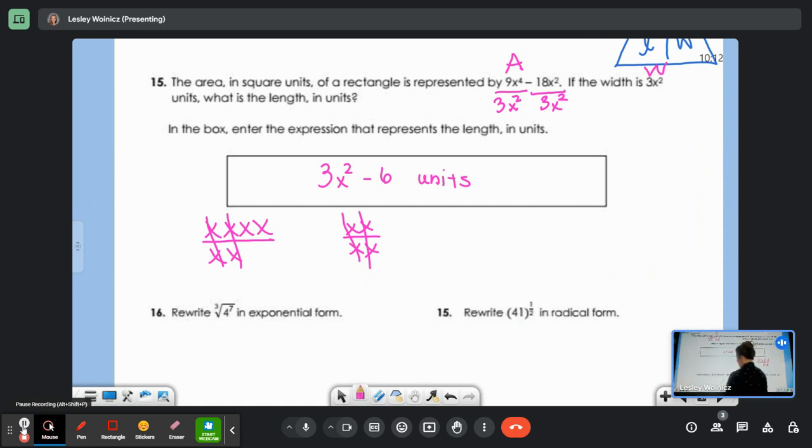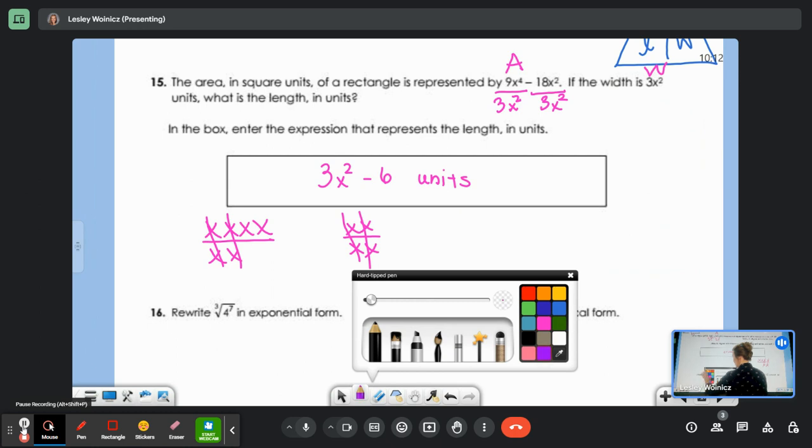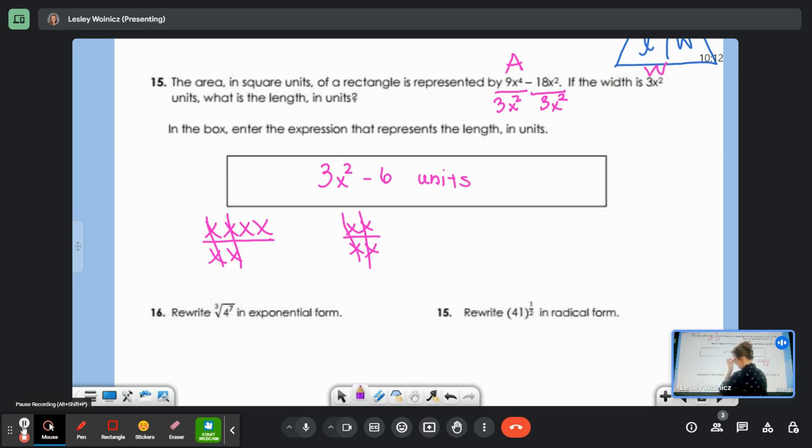Okay. It has been a long time since we've done our conversion rule, but I would like you to write it here. I gave you a lot of space. So label it conversion rule. We learned this in Unit 2 to convert radicals into rational or fraction exponents.